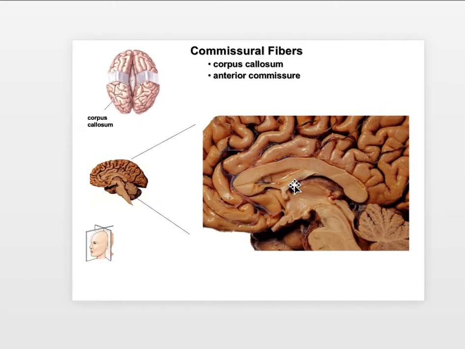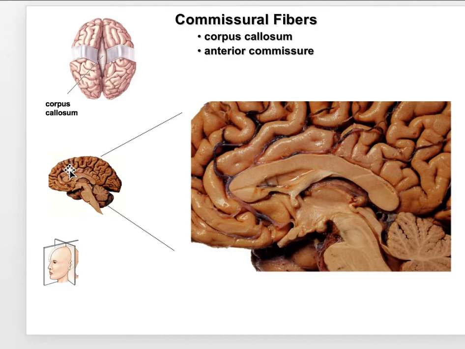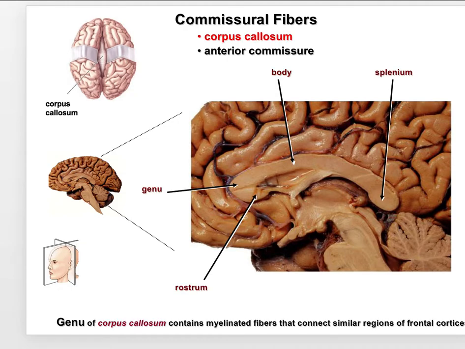So if we take a sagittal section and look at what's happening and just chip away at the brain that way, we can see where we have the corpus callosum here, where we've cut through that corpus callosum. Okay, awesome. And here we can actually name some of the different structures. We have the rostrum at the very front.